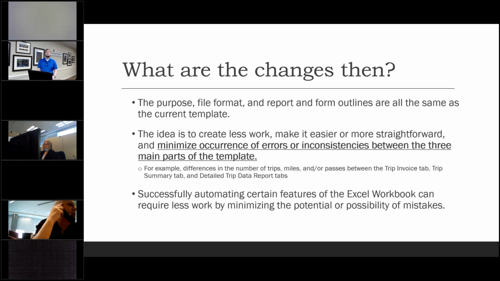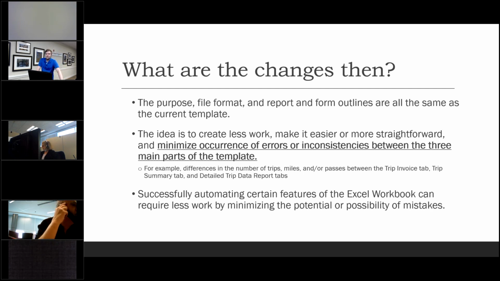And what's an example of an error that can occur in that situation? Well, sometimes you have to enter the number of miles and trips in the trip invoice tab, as well as the trip summary tab. And then you've got to list all the trips, say, in the ambulatory tab. That's three different instances where you're having to input data.